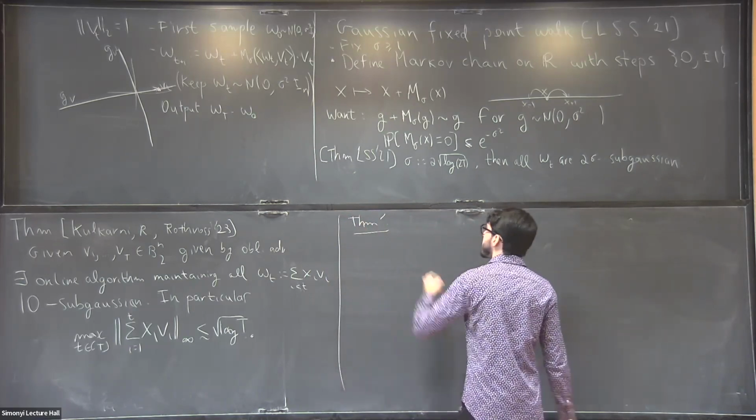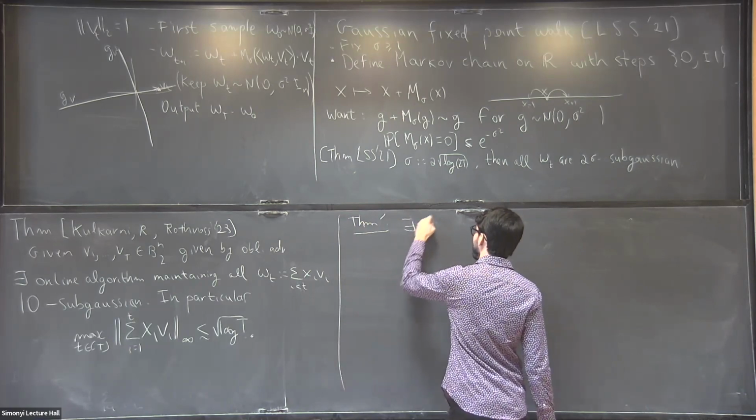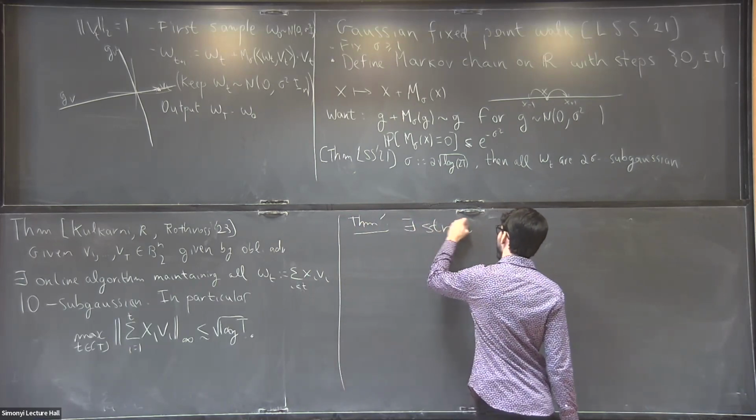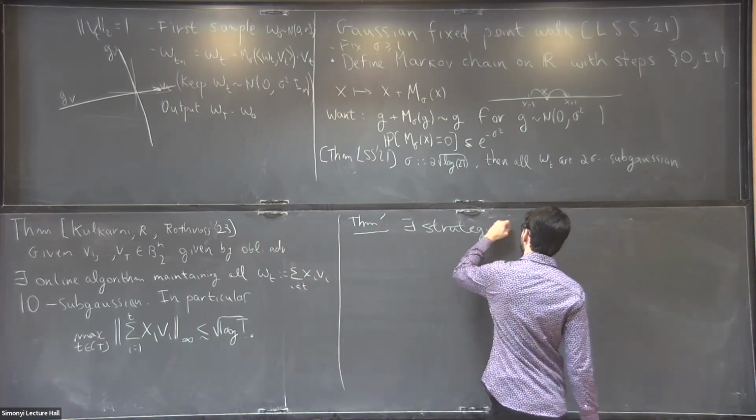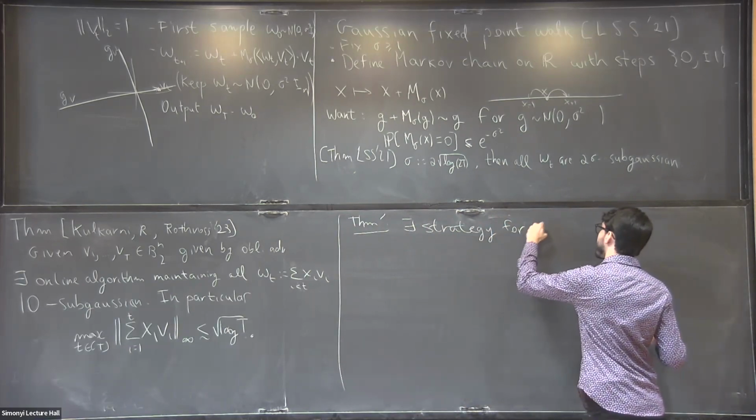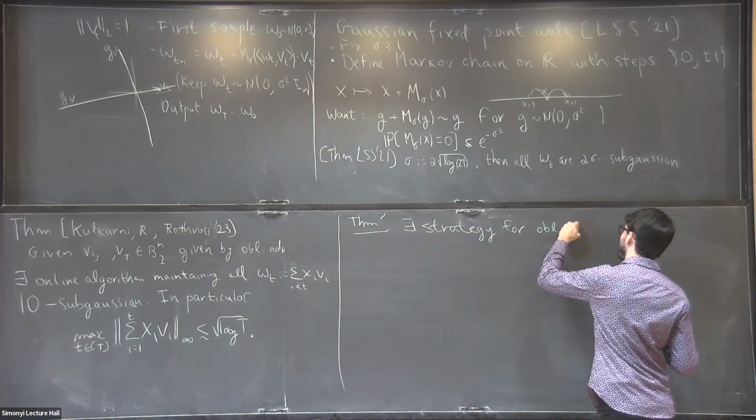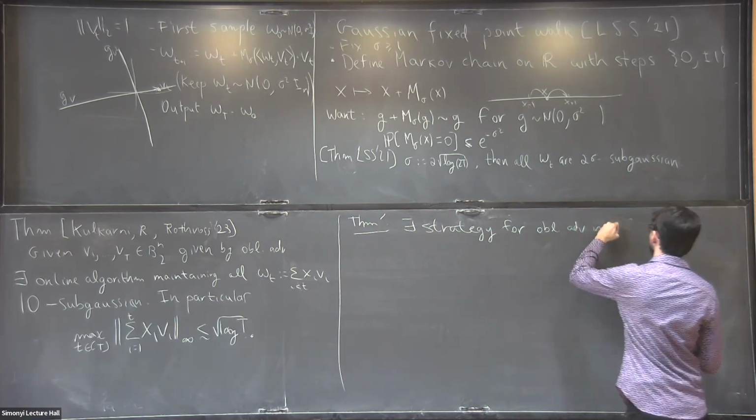So there's a strategy for the adversary, you need at least 2 dimensions.